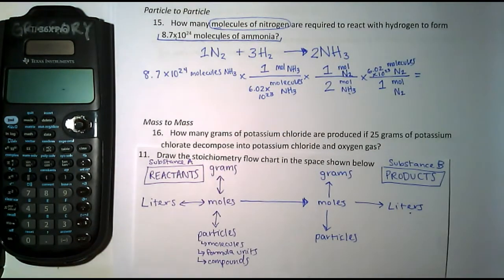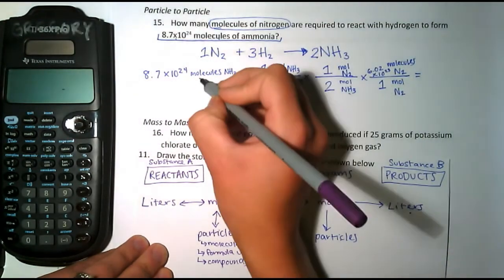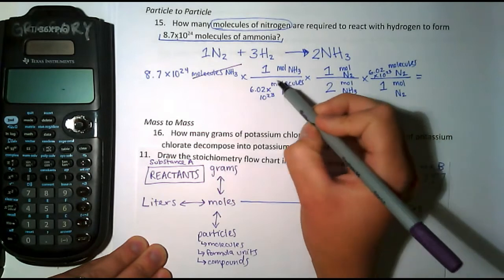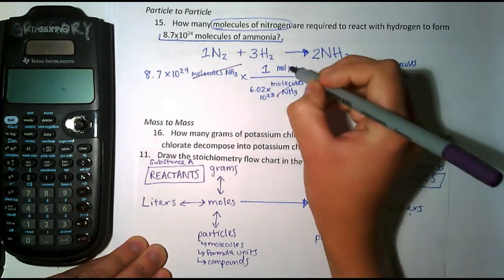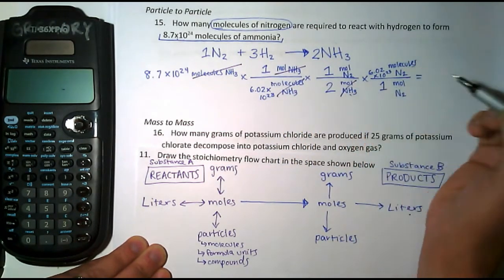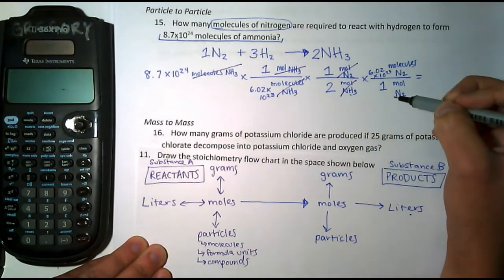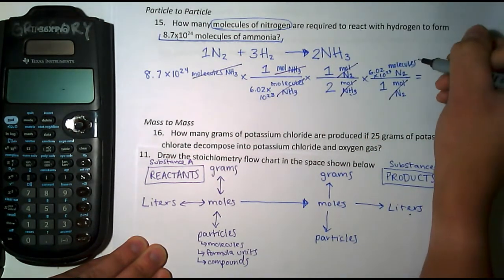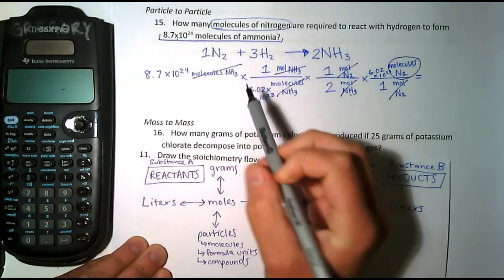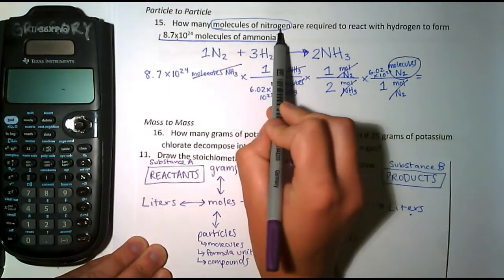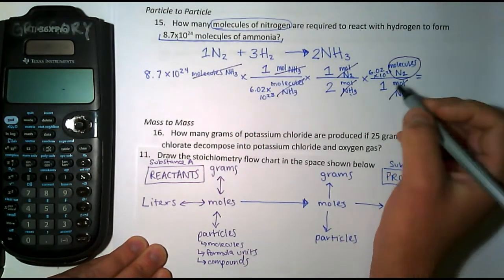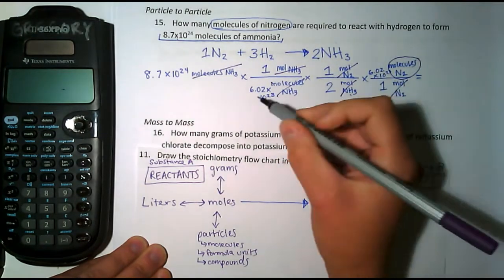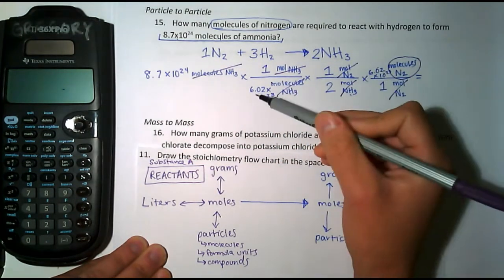So now we can cancel some things out. We have molecules of NH3 canceling with molecules of NH3. Moles of NH3 cancels with moles of NH3. Moles of N2 cancels with moles of N2. And we're left with molecules of N2, which is what we want, molecules of nitrogen. So now I'm also going to cancel out my numbers that we have both in the numerator and the denominator.